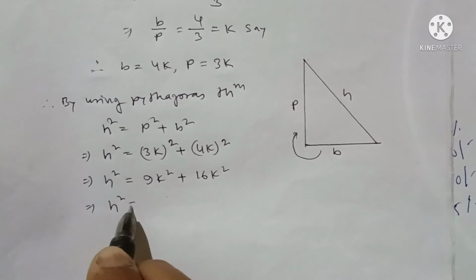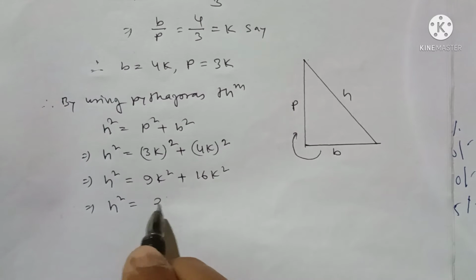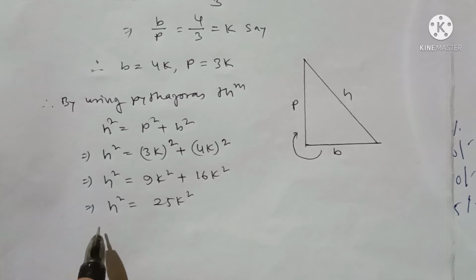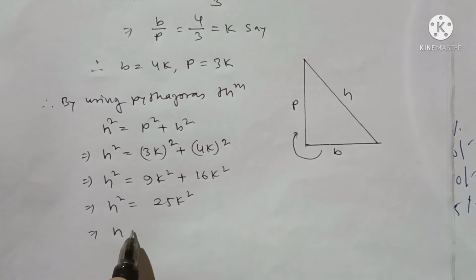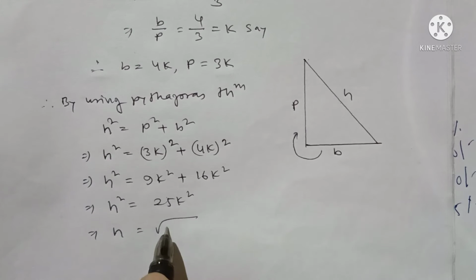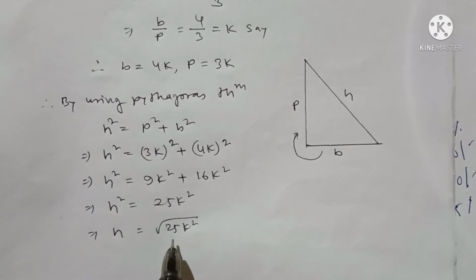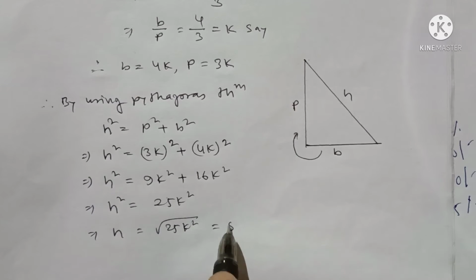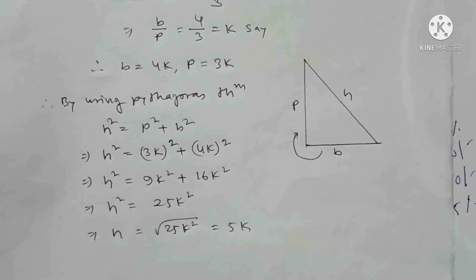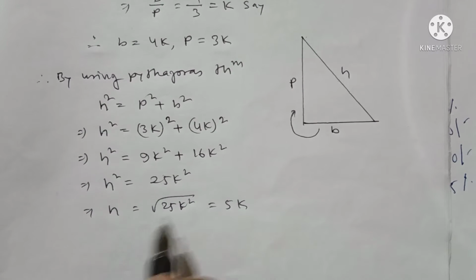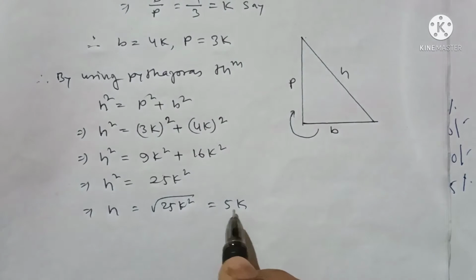This implies H square is equal to 25K square. This implies H is equal to root over 25K square. The root of 25K square is 5K. Then we have found the value of H is 5K.